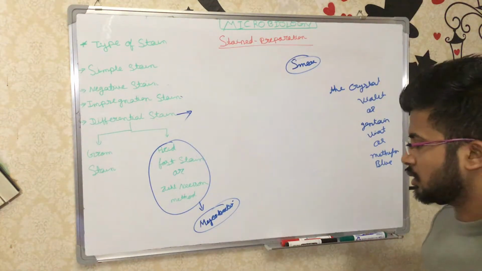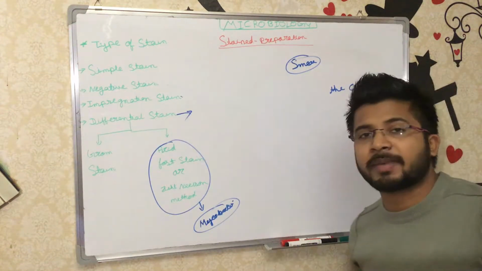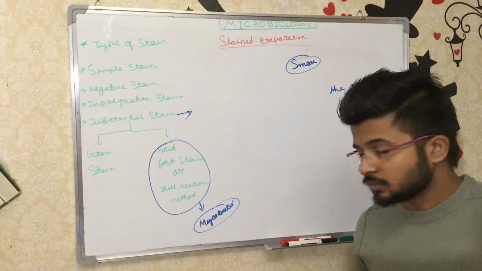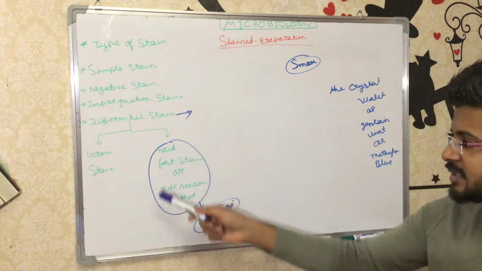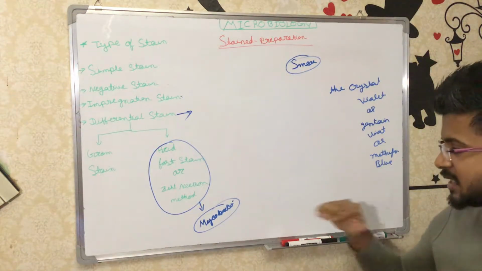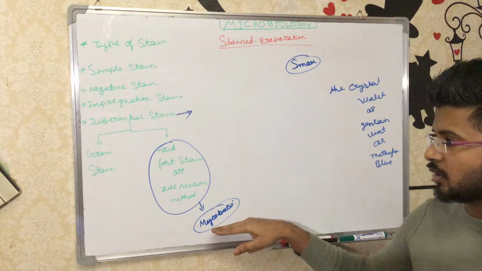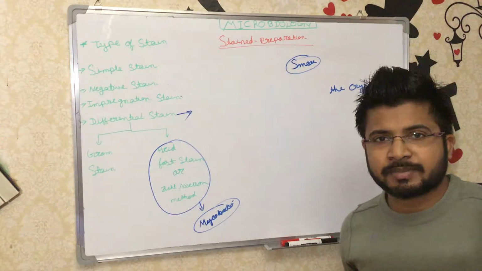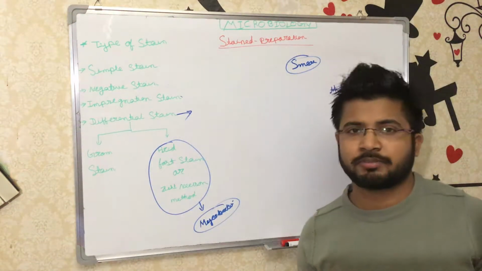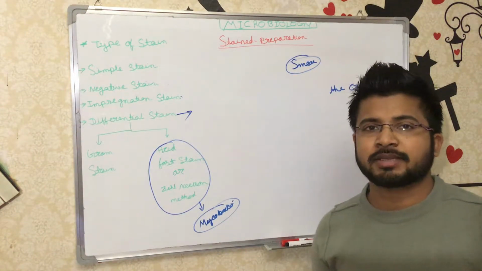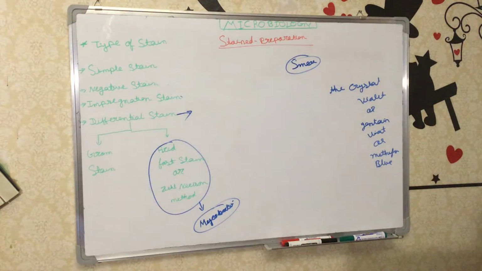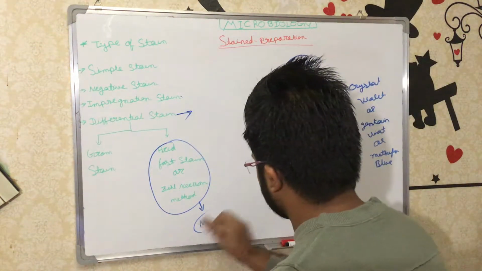So obviously you can think of mycobacteria as Mycobacterium tuberculosis, Mycobacterium leprae, Mycobacterium bovis and other Mycobacterium species. By this staining method we can identify these bacteria, and the rest of the bacteria, all gram positive and gram negative bacteria, can be identified by the gram stain. So today we'll focus on the gram stain because this is a very big staining method used all over the world. That's why let's talk about gram staining.